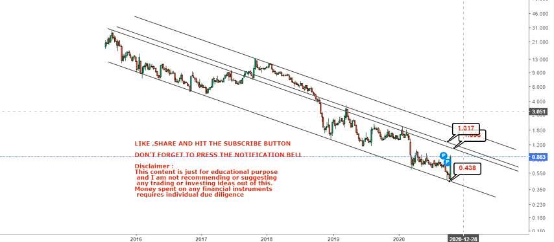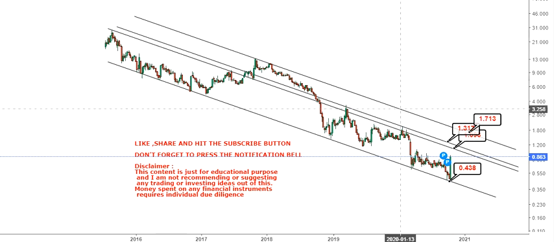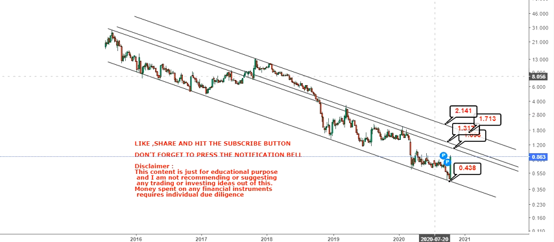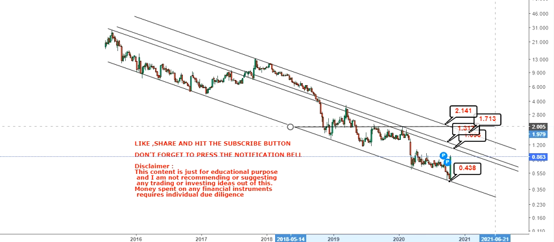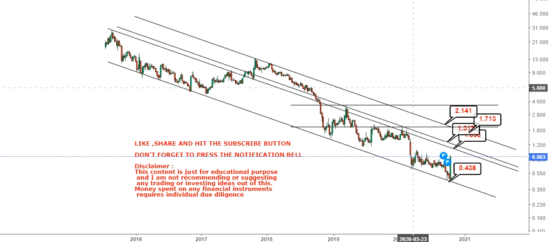These are the two levels one should look at, and if it crosses this level, then we are going to look at a range between 1.7 and 2.14. These are the two most important ranges one should look at, because these are not only the resistance of this big trend line, but this will define the bounce back going forward.